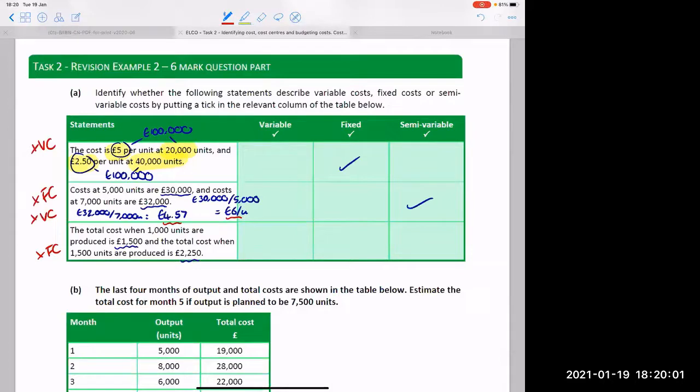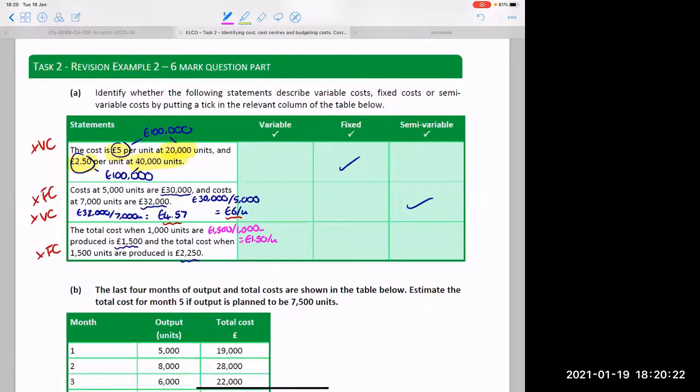Okay, so again, we need to take care to read the question, see what they've given me, what information. When the units are 1,000, the cost is 1,500. So £1,500 divided by 1,000 units gives us £1.50 per unit.